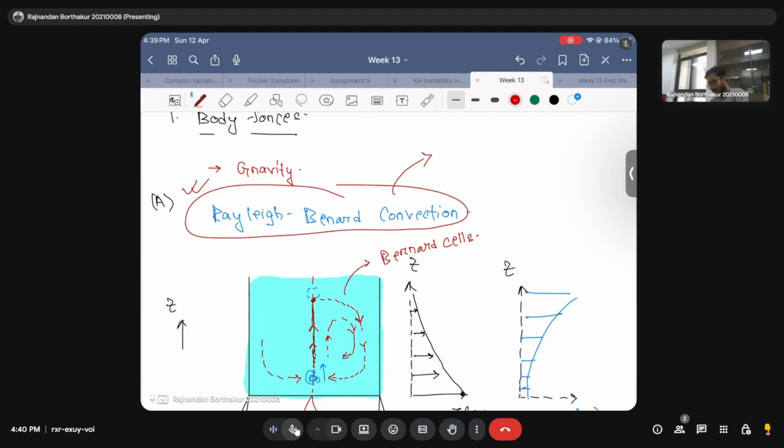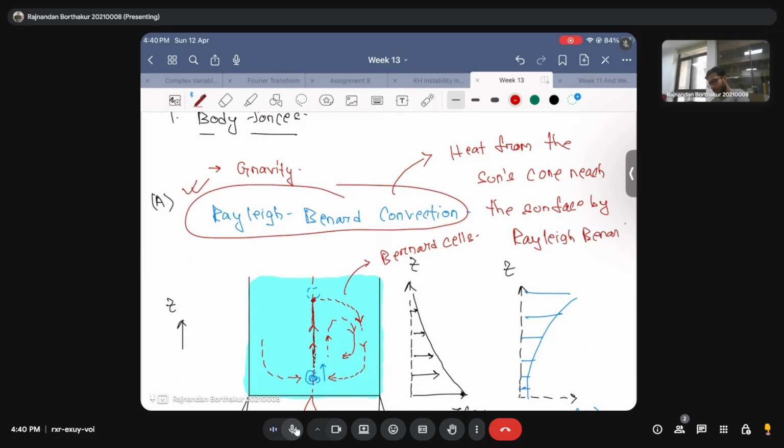So maybe I can write that heat from the sun's core reaches the surface by Rayleigh-Bénard convection. See, the fusion reaction is happening inside the core, and the heat from the core comes to the surface by Rayleigh-Bénard convection in the sun, because the plasma there is actually unstable in nature.